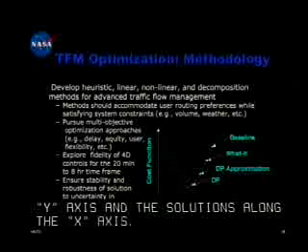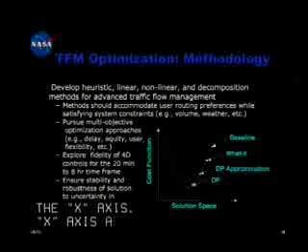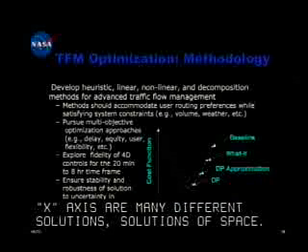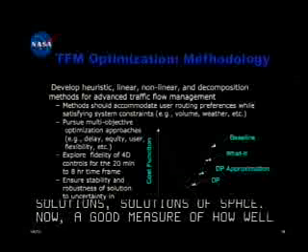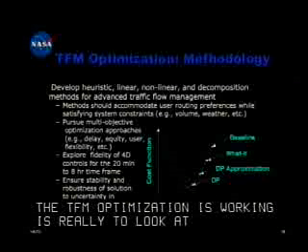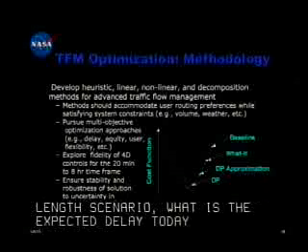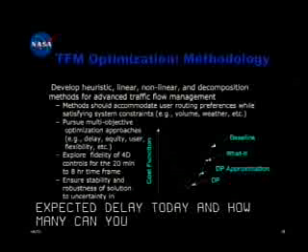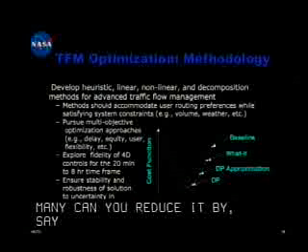And now a good measure of how well the TFM optimization is working is really to look at, for a baseline scenario, what is the expected delay today? And how much can you reduce it by, let us say, trying several options by a what-if kind of methodology.